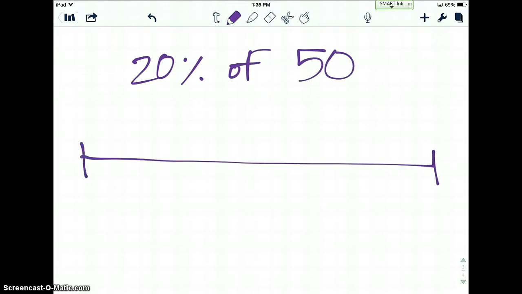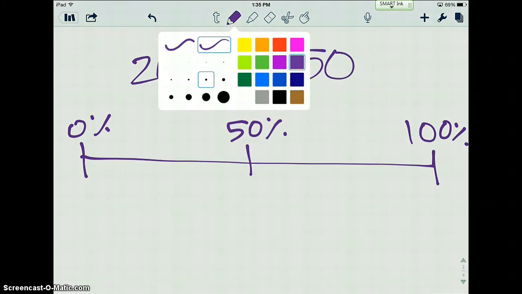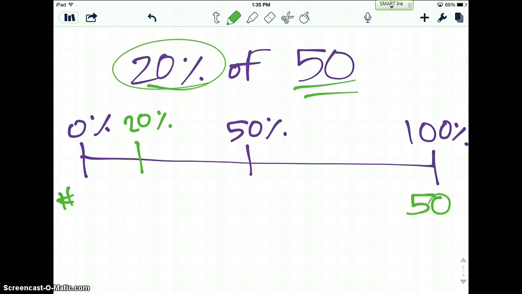Starting the same way, 0%, 100%, go halfway to 50%. And now I'm going to draw in, in a different color, what I have here, 20%. 20% is kind of closer to 0%. And then 50. 50 is a number, so it's going to go on the bottom. And that's the whole thing, 50.